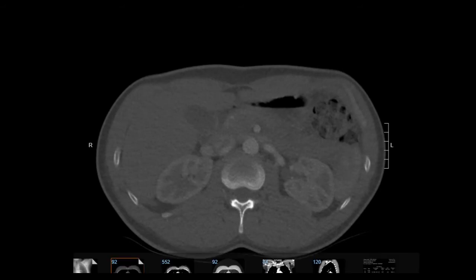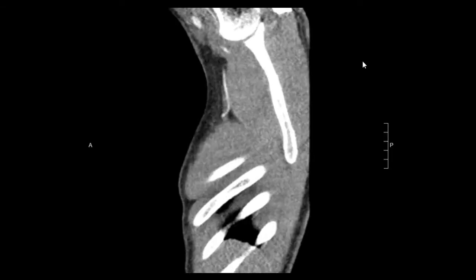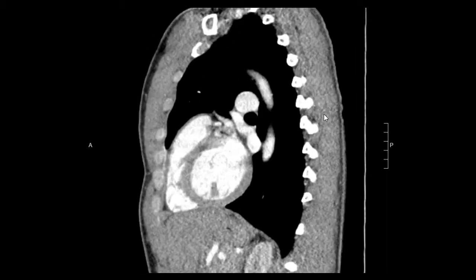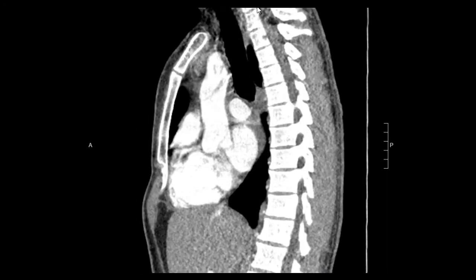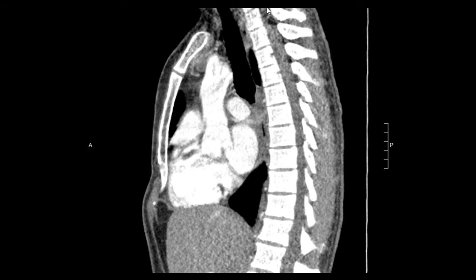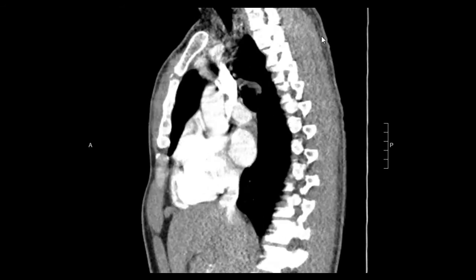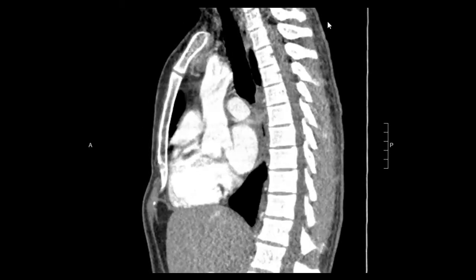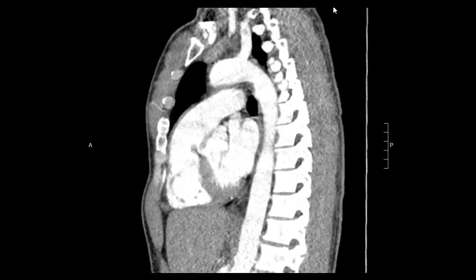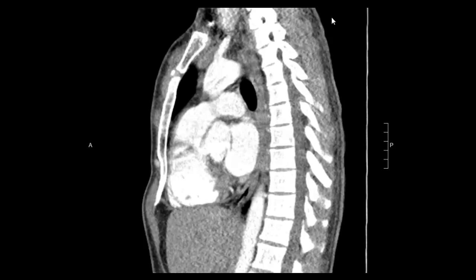Lastly, we're going to go into the sagittal sections, and we're going to look at the spine one last time, looking at the spinal cord and the spinal canal, superiorly and inferiorly, and that looks good.